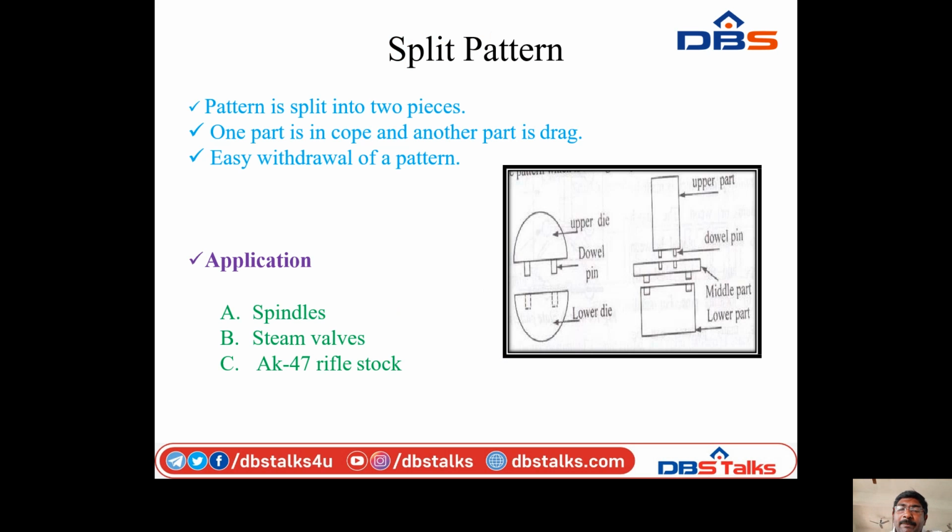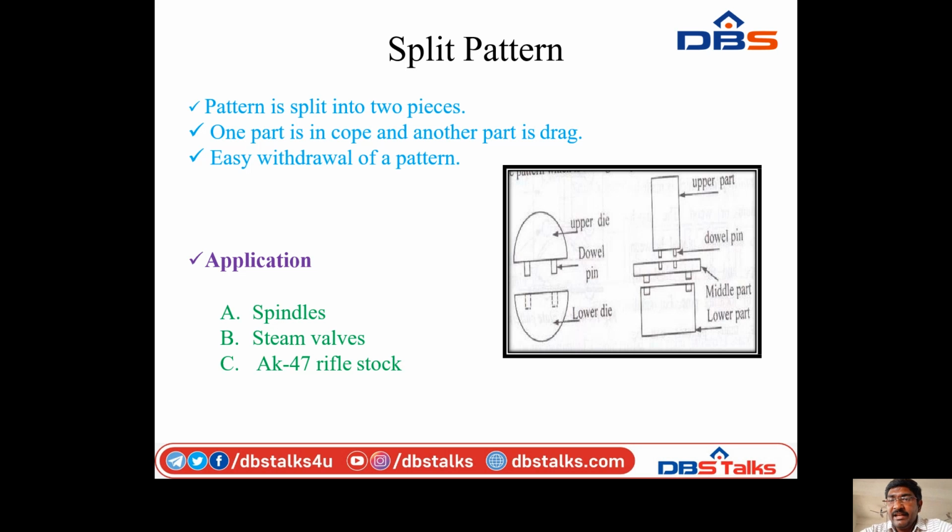Next, split pattern. In most foundry applications, many patterns cannot be made in a single piece because of the difficulties encountered in molding them. One part is located in the lower half mold and another part in the upper half.